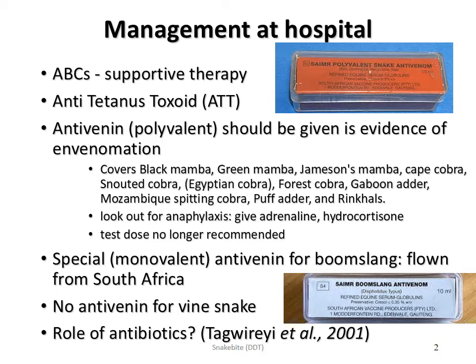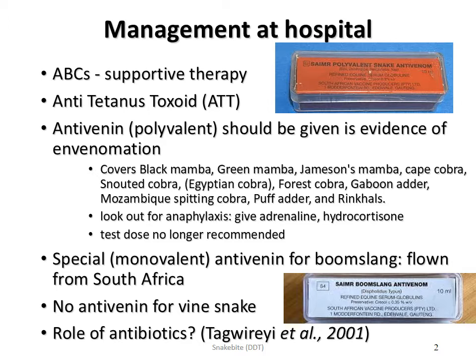Then the antivenom or antivenin polyvalent can be given if there is evidence of envenomation from one of the dangerous snakes which we talked about, the medically important venomous ones.